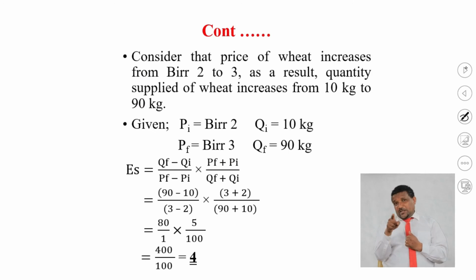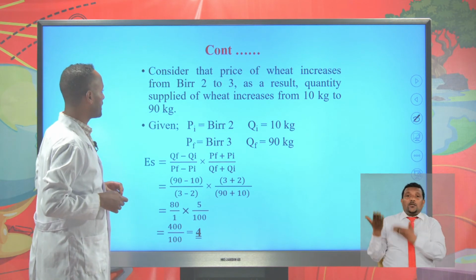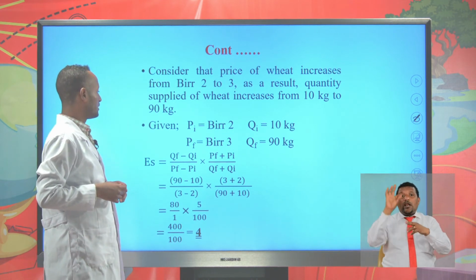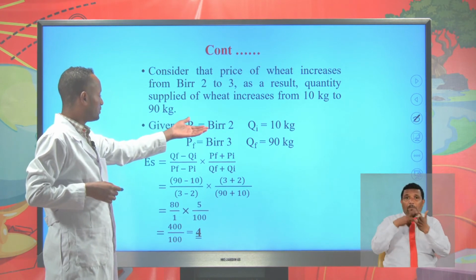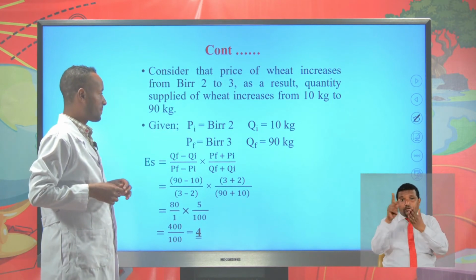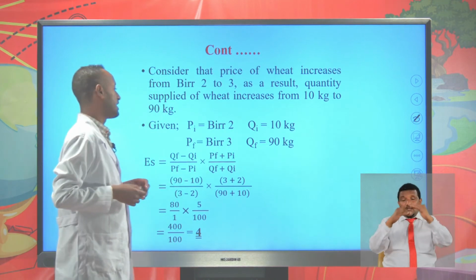Consider that price of wheat increased from 2 to 3. As a result, quantity supplied of wheat increased from 10 kg to 90 kg. From this information, the initial price is 2 and the final price is 3. The initial quantity is 10 kg and the final quantity is 90 kg.